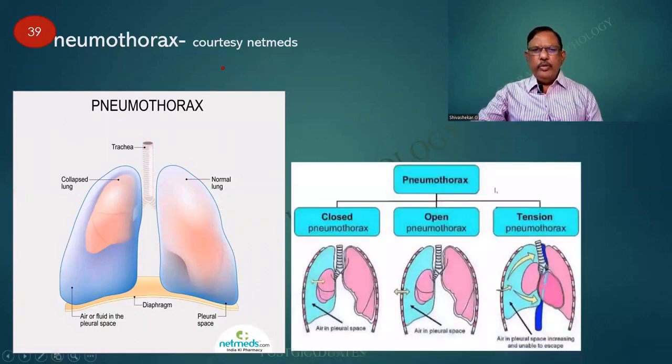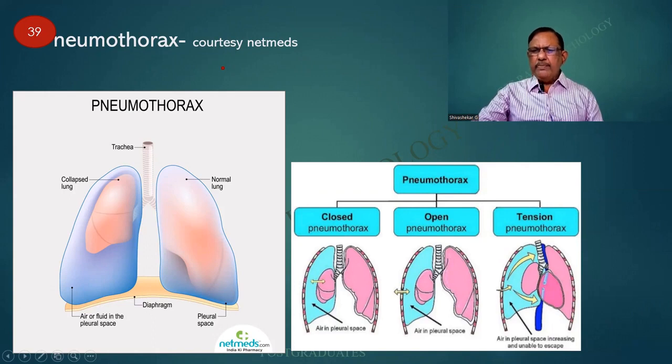Now coming to this pneumothorax, before I complete, remember, it can be a closed pneumothorax, where the air from the lung enters into the pleural cavity and gets accumulated. Or it can be an open pneumothorax from the exterior, if there is a stab injury, etc., or sometimes a fracture of a rib, through which air can enter. The third one is a tension pneumothorax.